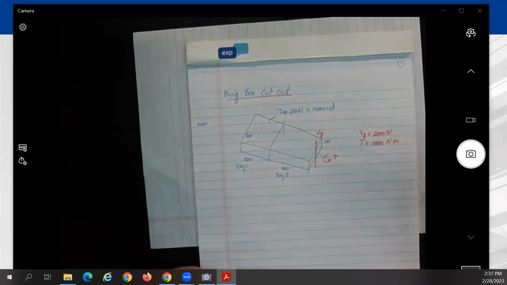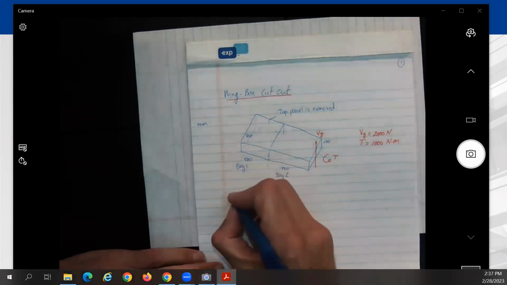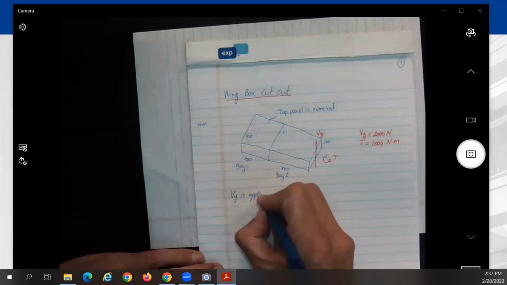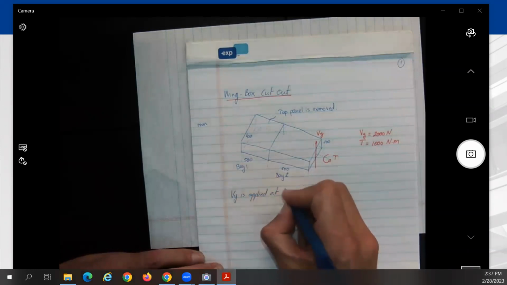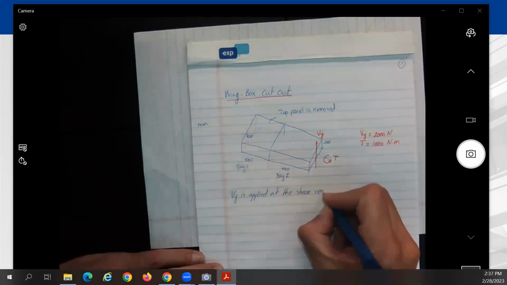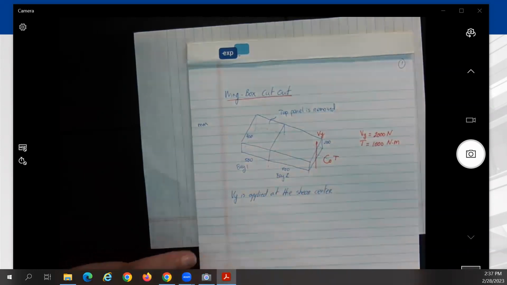Okay? All right. So let's say here I'm going to say Vy is applied at the shear center. What does that imply? What was happening at the shear center? The other way around. There is no torsion.